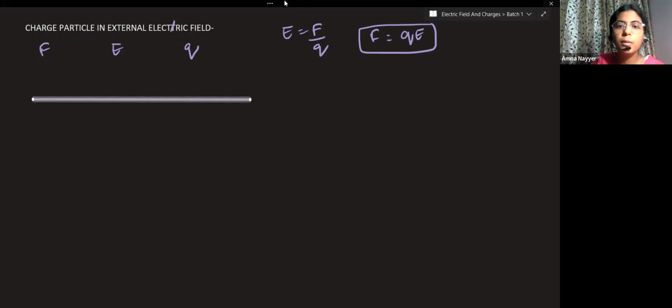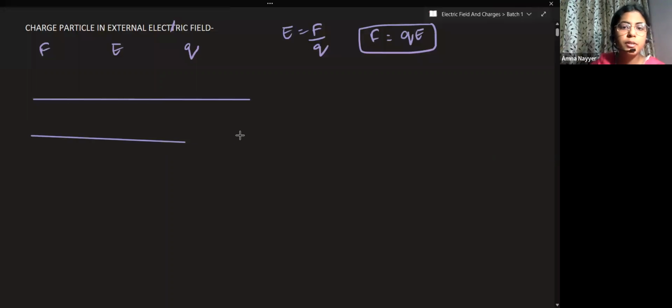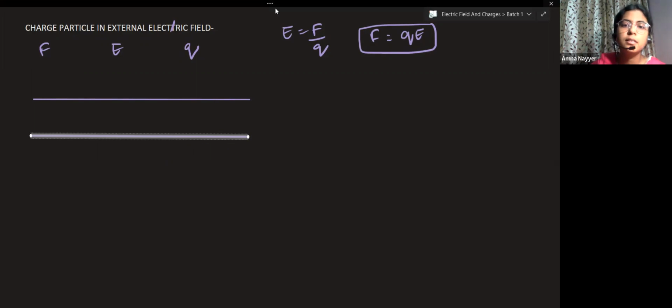If you have a uniform electric field, it is represented in this way only, parallel and equidistant lines.